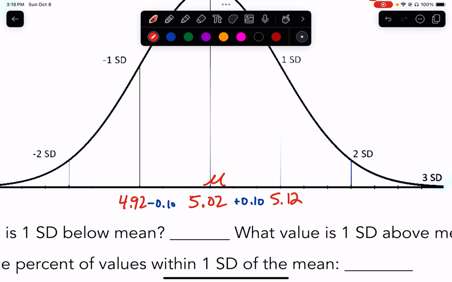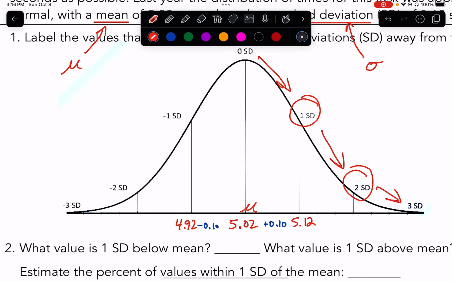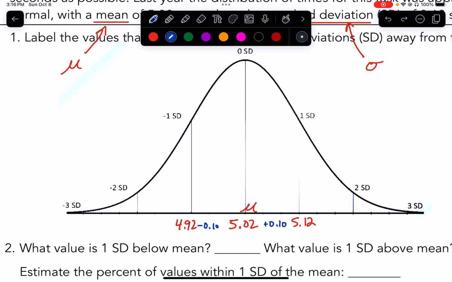And we're going to keep doing that for each standard deviation. Every time I go 1 standard deviation, so from 0 to 1, 1 to 2, 2 to 3, that 0.10 is the distance that we're traveling. So in between each of these is going to be an extra 0.10.